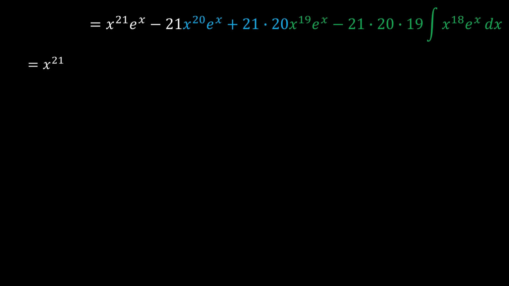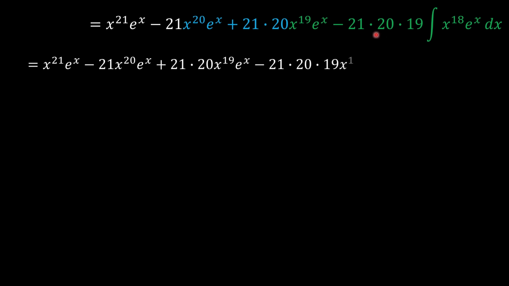Now if you follow, the plus and minus keeps alternating, and when it comes all the way to 21 factorial down here, we're going to have a minus. So 21 factorial times the integral of x to the 0, which is 1, times e to the x.